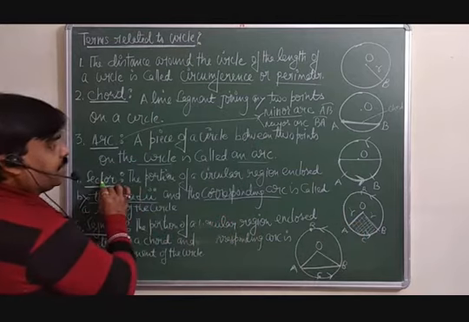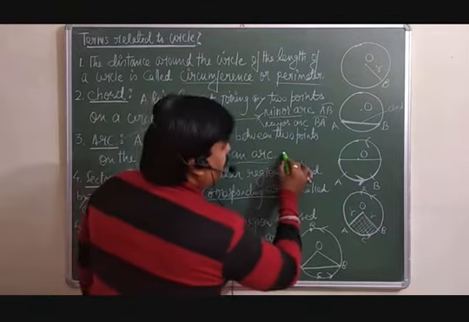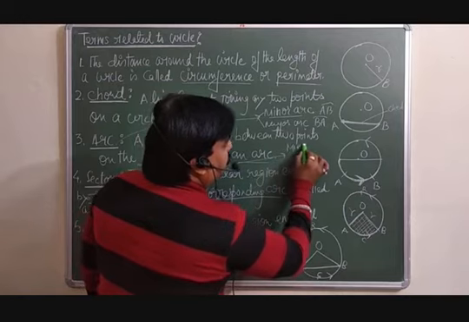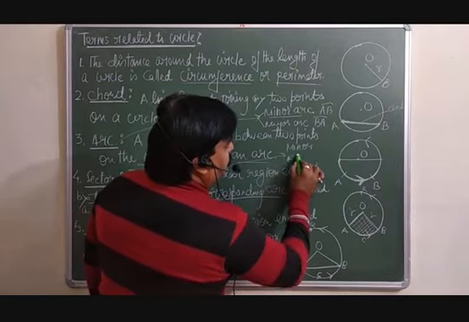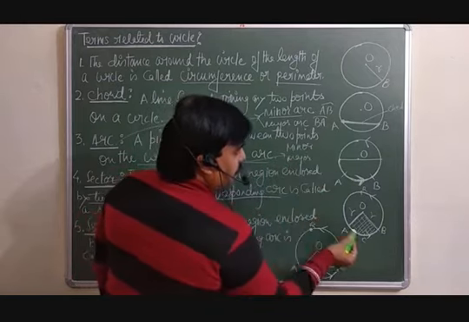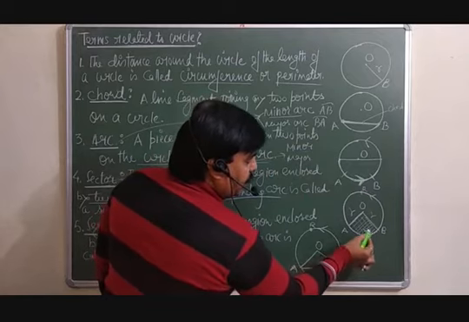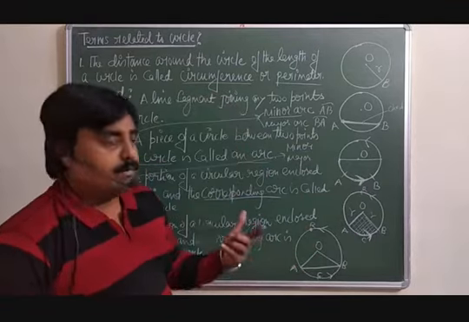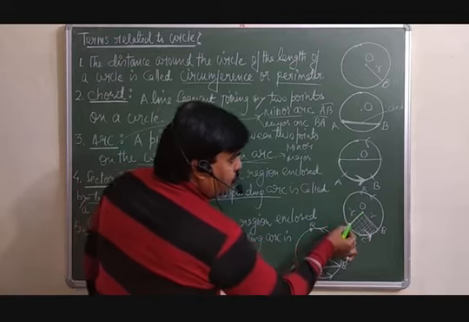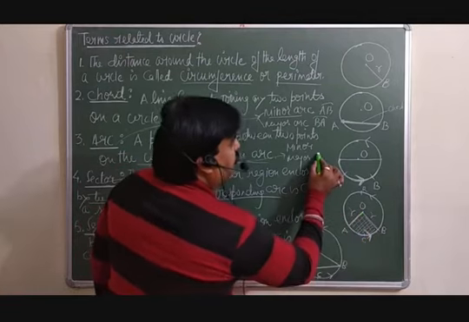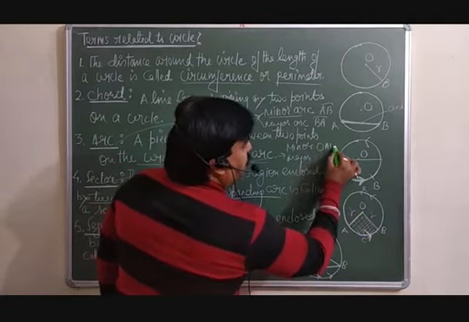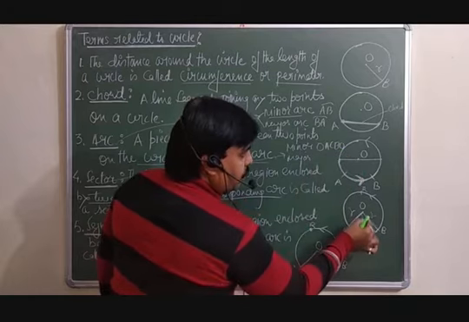And sector is again divided into two parts. Minor sector and major sector. How can you write minor and major? See now, this arrow makes the difference in minor and major. If you are writing OACBO, we are talking about this minor one.